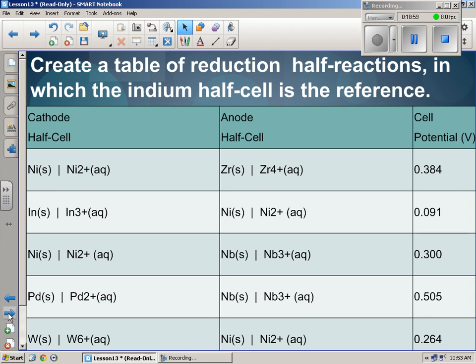But listen, what did we do with that table? We organized them from SOA to SRA, right? Top left, bottom right. Strongest, weakest. Or strongest oxidizing agent, strongest reducing agent, and we went based on that. We're going to do exactly the same thing with this, because isn't electrical potential or cell potential indicative of those two half cells and how strong they are?